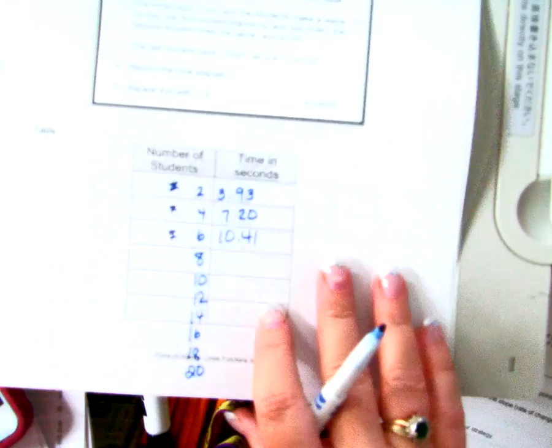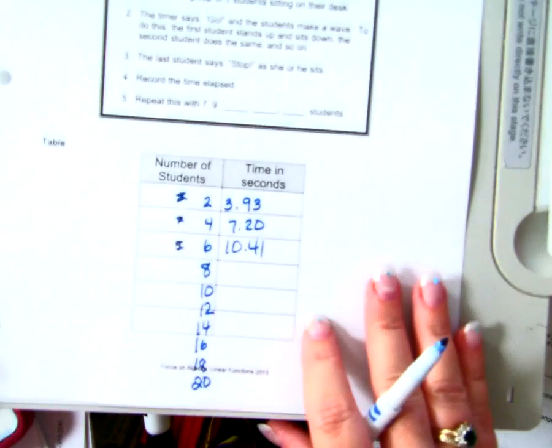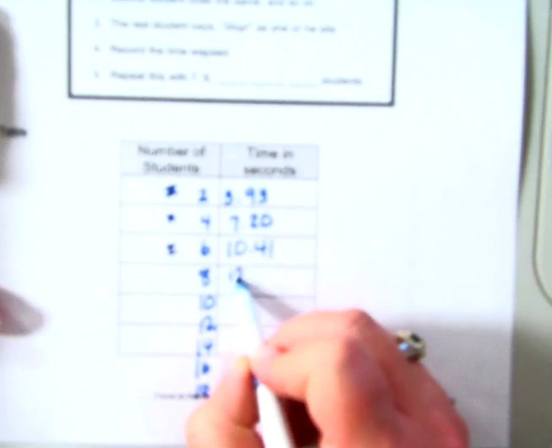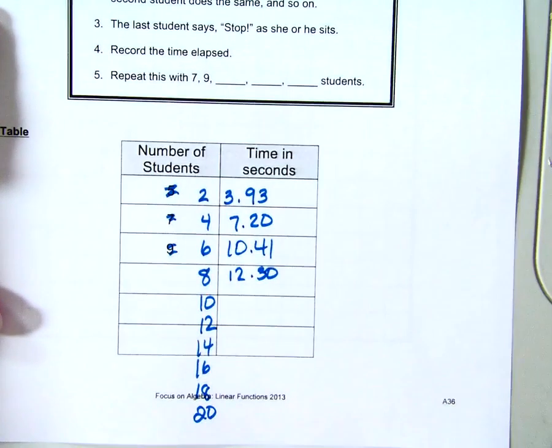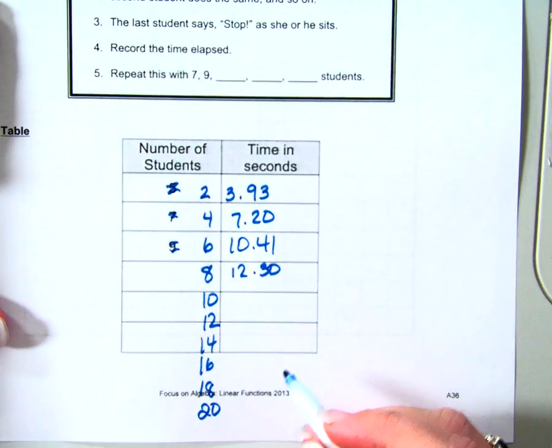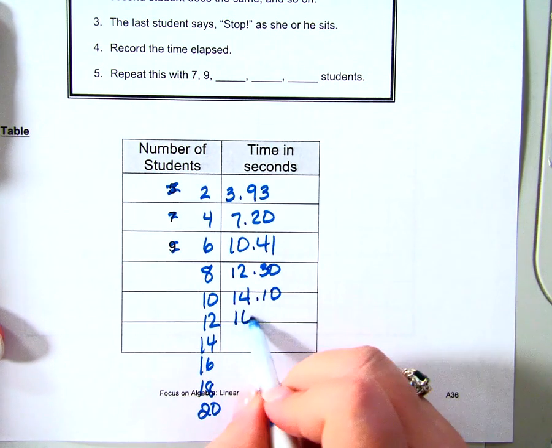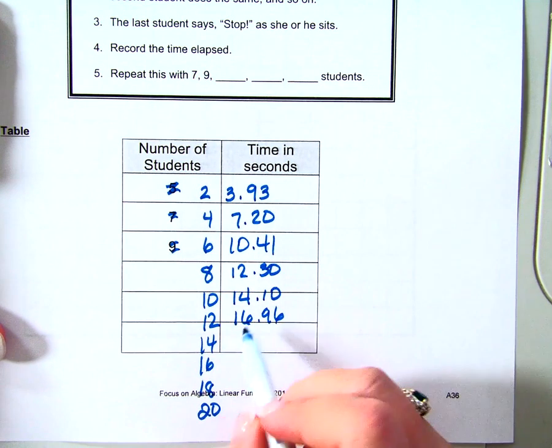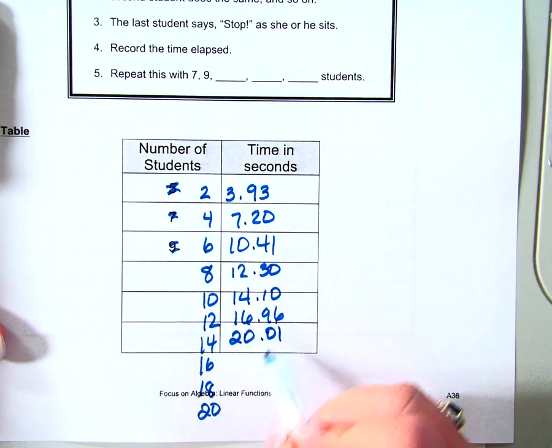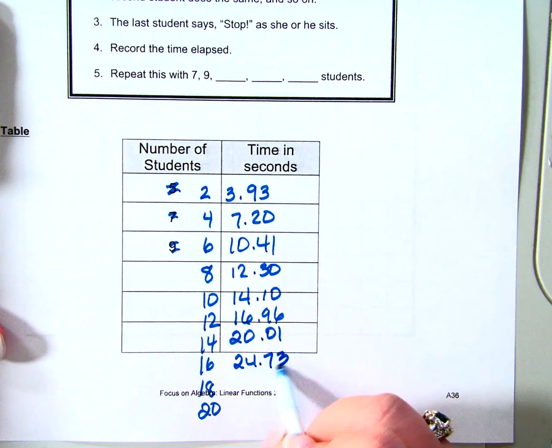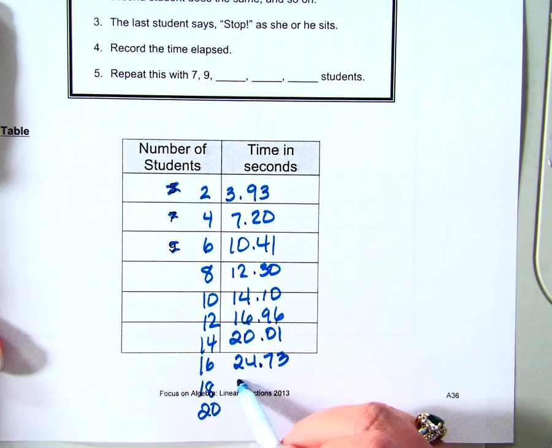Focus. 10 is 14.10. 12 is 16.96. 14 is 20.01. 16 is 24.73. 18 is 28.25.